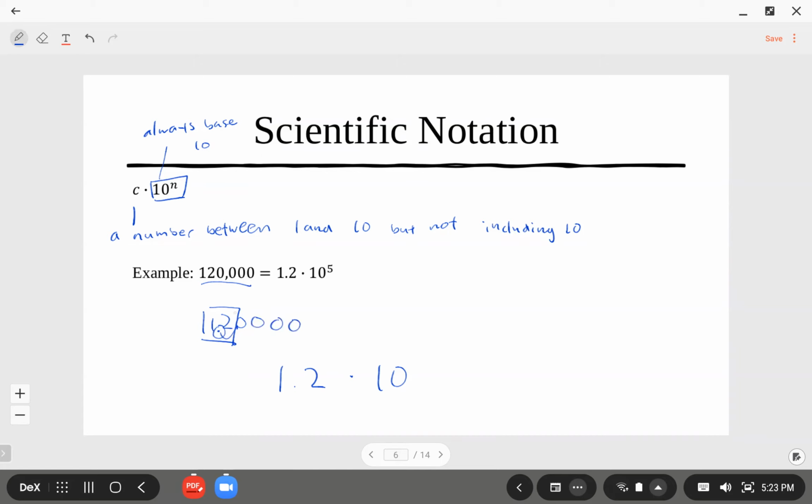Okay. 1, 2, 3, 4, 5, right? 5 places we have to move for the decimal point to be at the back. And then that will be our exponent. Okay? That will be our exponent.